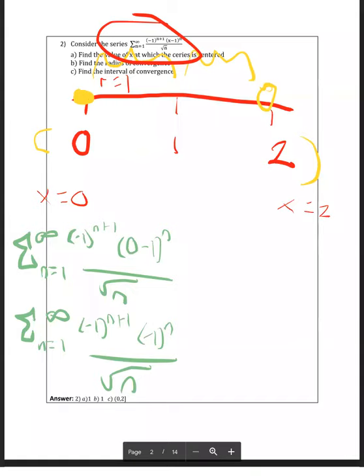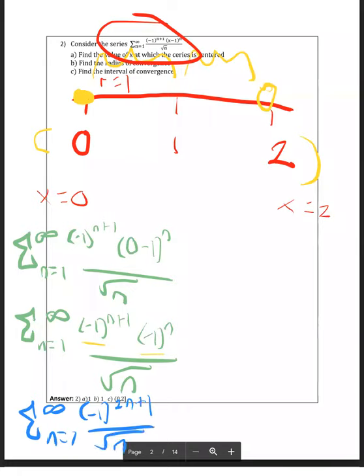Since these have the same base, we can combine them together. You just have to add the exponents. So now we're just left with -1 to the 2n plus 1 over the square root of n.